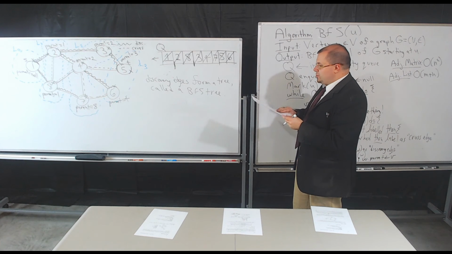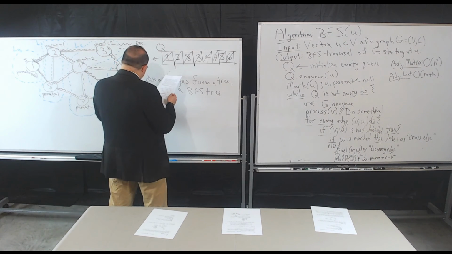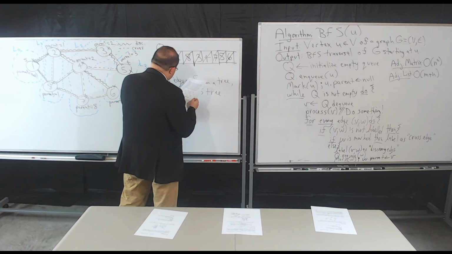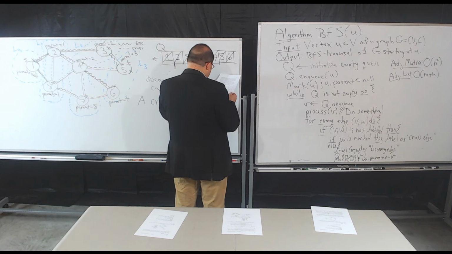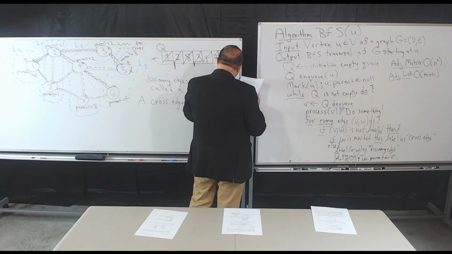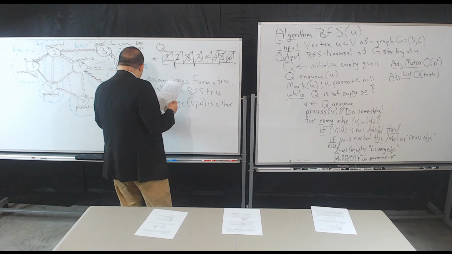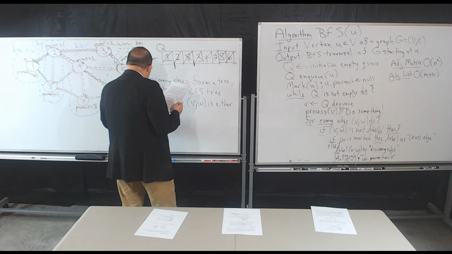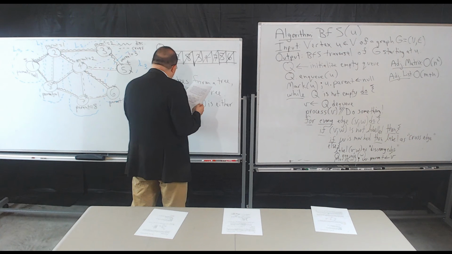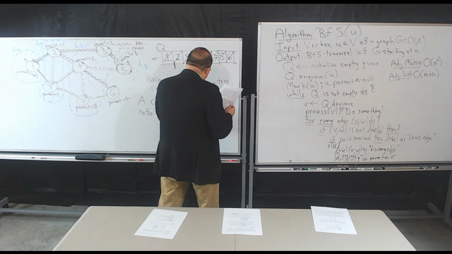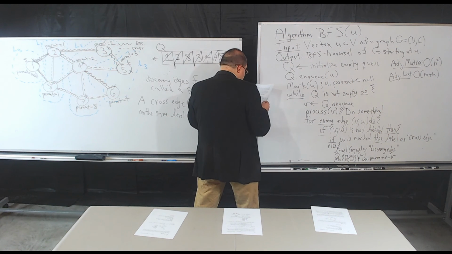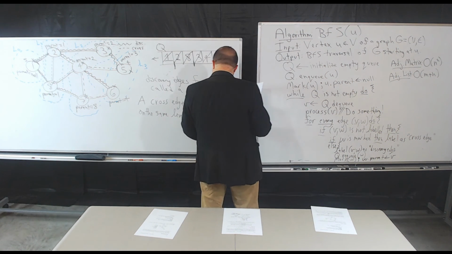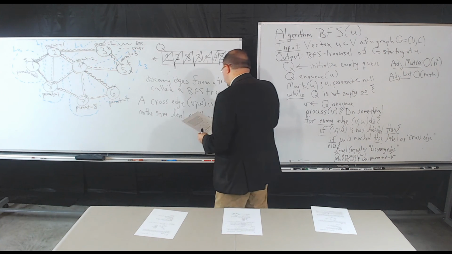And you might naturally ask what the cross edges are about. So a cross edge VW is either on the same level or the next level as V. So what do I mean by that?